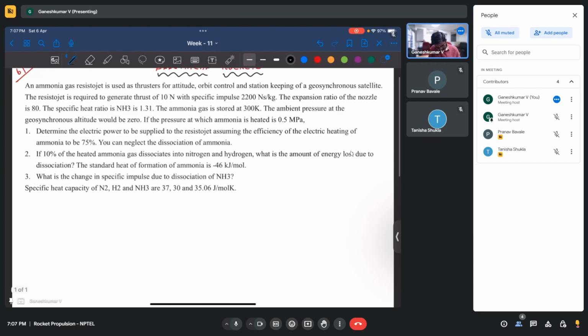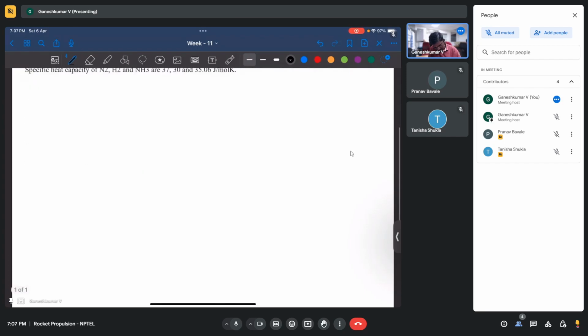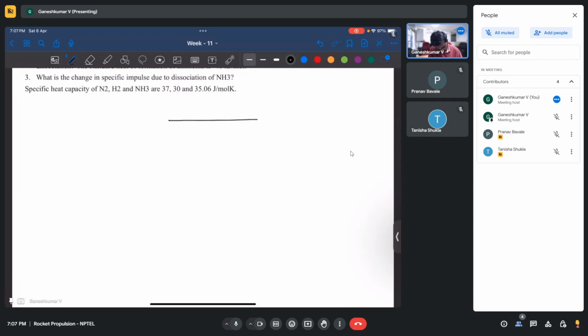Let's say I try to draw a schematic so that it would be easy to understand. A resistojet would look something like this. There is going to be some combustion chamber, and gases are going to come in.